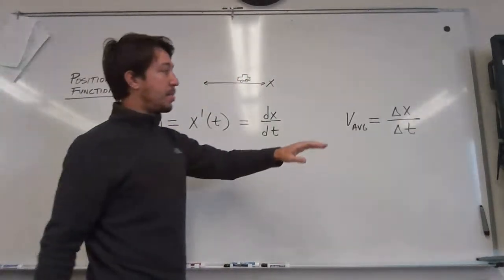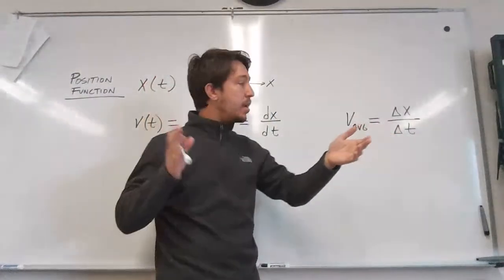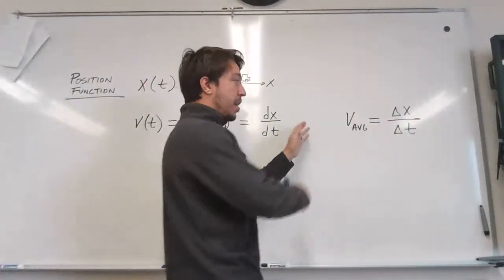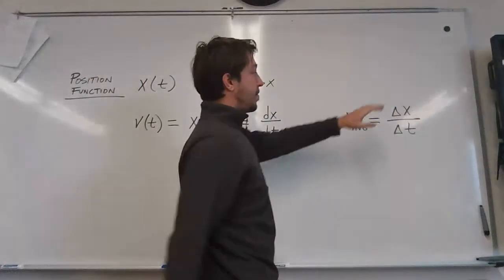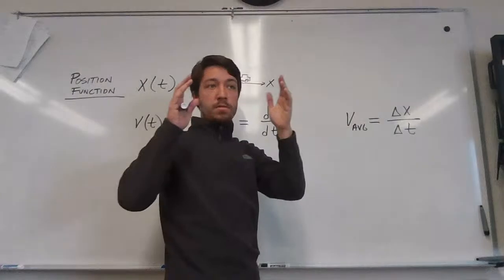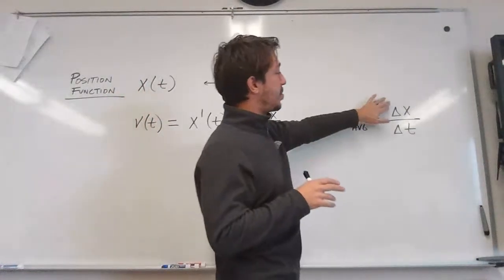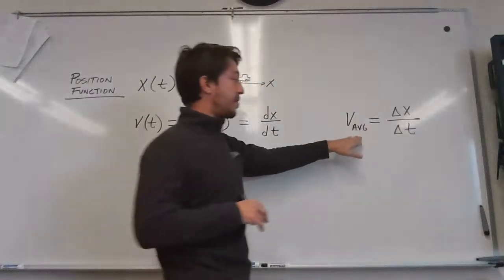So if I want to talk about some overall time period, say a 2 or 3 second period, and I know where I started and where I ended, I could just divide the displacement, the difference between my starting and ending positions, by the total time, and I get the average velocity.